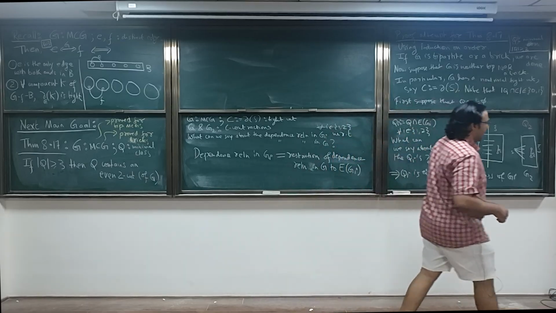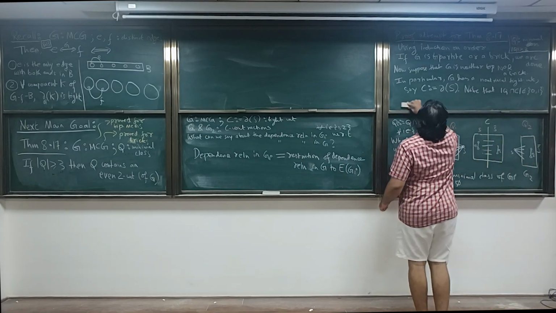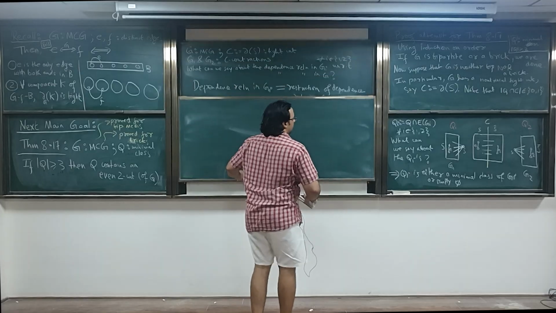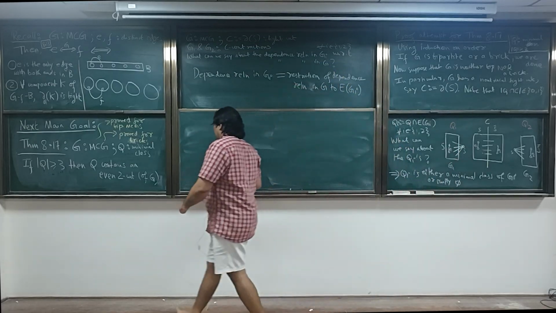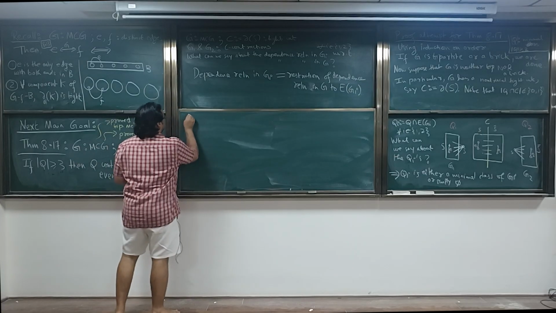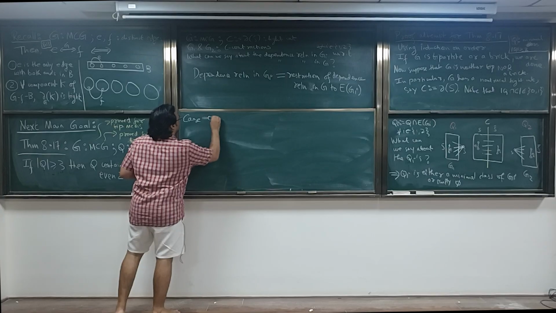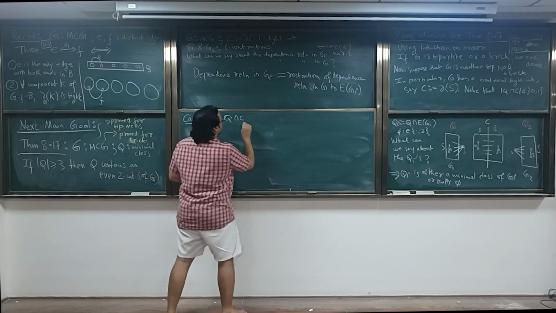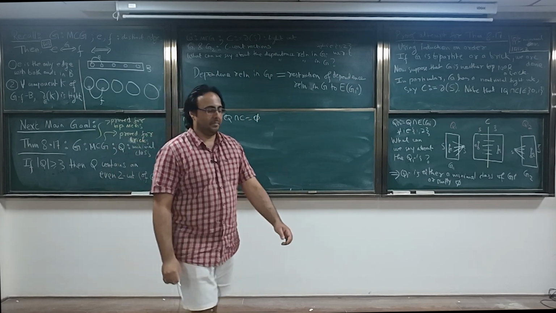So maybe I should erase that from here. Okay, so this is all generally true. This is also generally true. We are going somehow like this. And now we are in case 0. Q intersection C is empty.